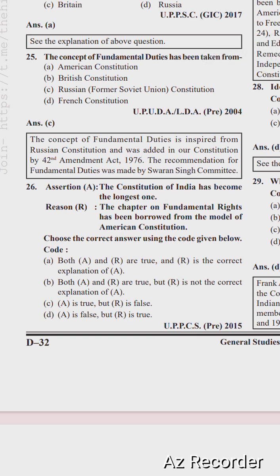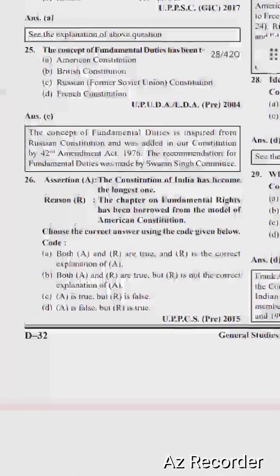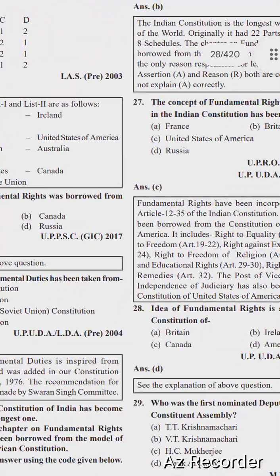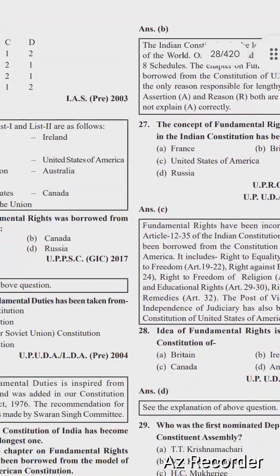So the next question is assertion and reason. Assertion: the Constitution of India has become the longest one. Reason: the chapter on fundamental rights has been borrowed from the model of the American Constitution. Choose the correct answer using the code given below. Both A and R are true, and R is the correct explanation of A. Both A and R are true, but R is not the correct explanation of A. A is true but R is false.